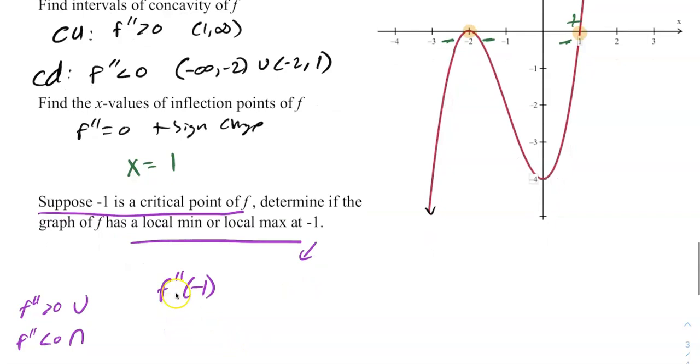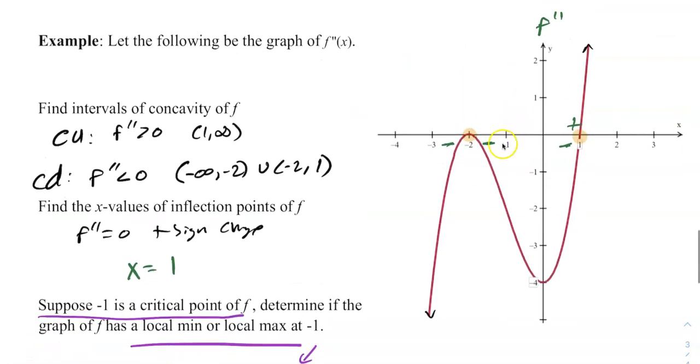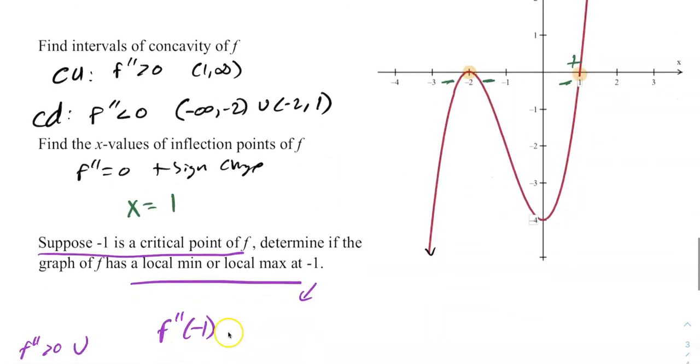So f double prime of negative 1, well, here's negative 1, goes down here. So it's negative. This guy is a negative value, which means concave down. So x equals negative 1 would be a local max.